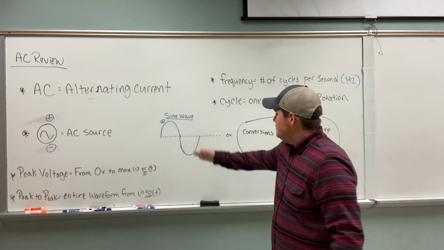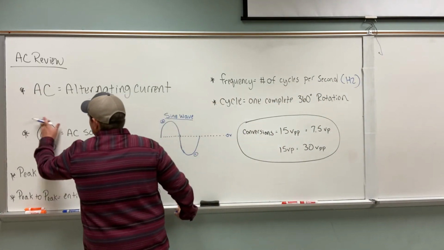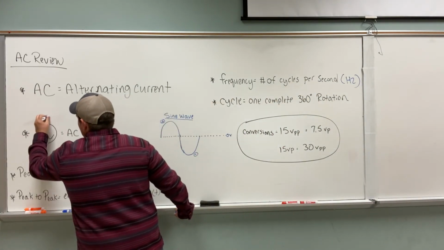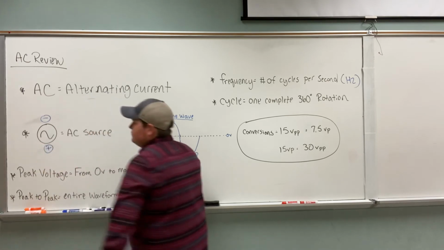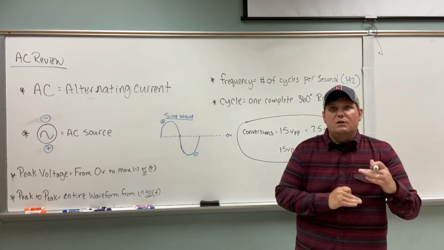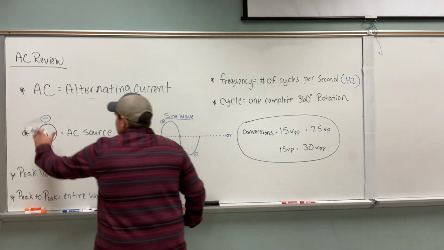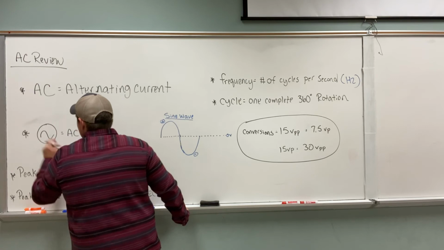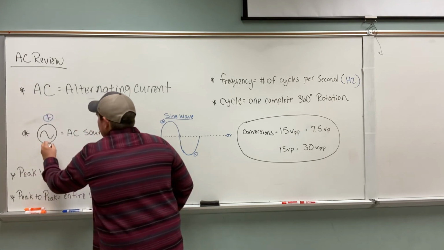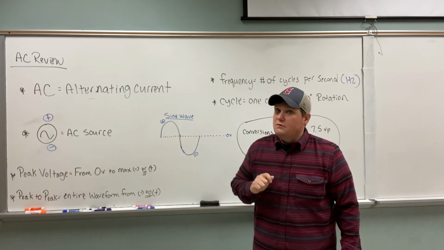Now, what happens on the other half cycle? Polarity swaps. Okay? That's where we get that alternating current, because polarity is constantly swapping. So remember, the upswing, this is my polarity, positive on top, negative on bottom.